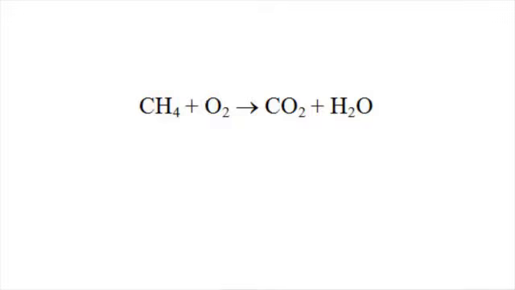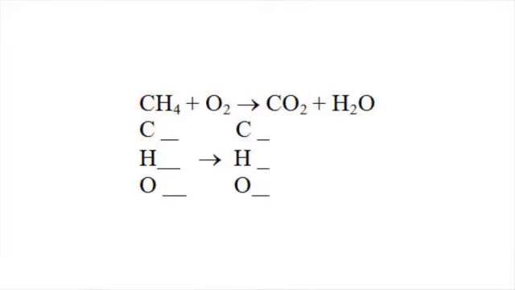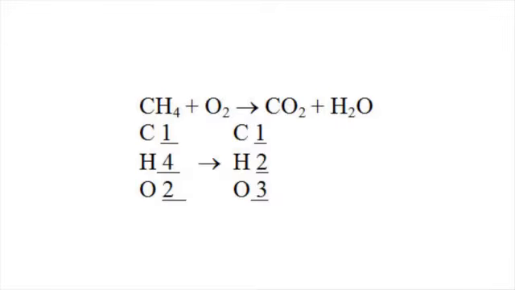To balance the equation, make a table. Every time, trust me, it's so much easier this way. When we count the atoms, you can see that although there are equal numbers of carbon on both the reactant and product side, the hydrogen and oxygen atoms are way out of whack. We can place coefficients in front of the individual compounds to balance the equation.